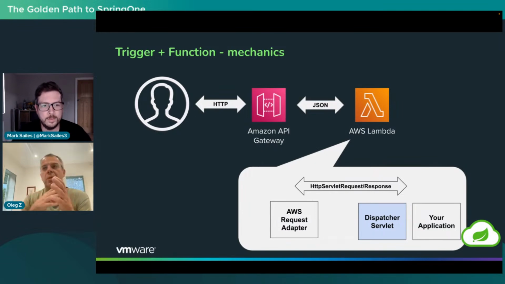We decided, like I mentioned earlier, there are two parts. So I said, how about we take over the Spring part and you take over the AWS part, and we'll meet in the middle.